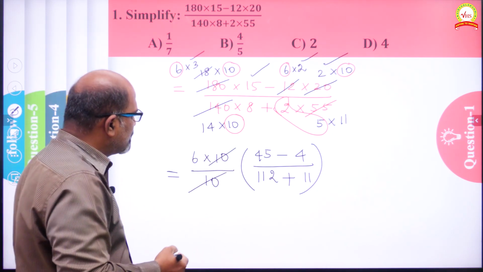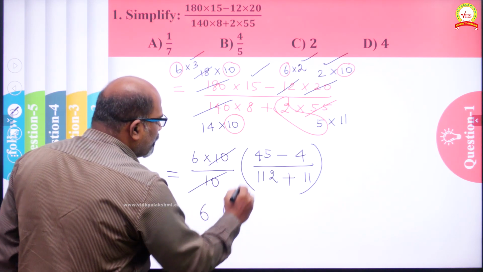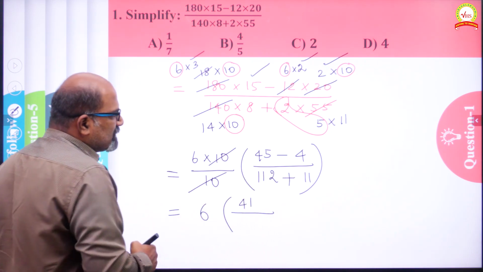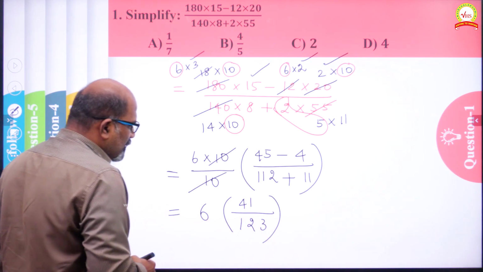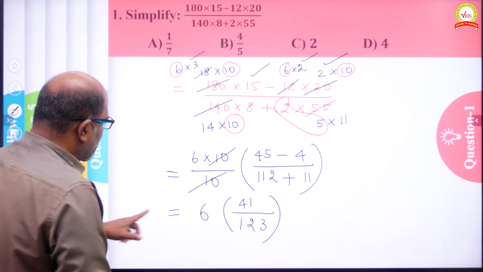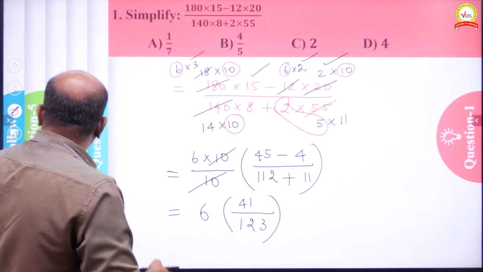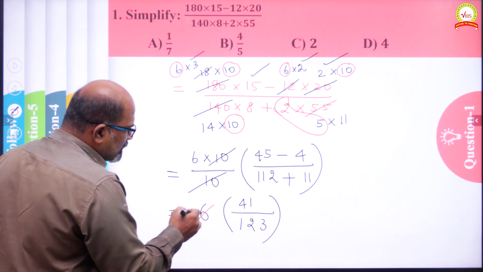Here we can make cancellation of these 2 tens, and the remaining is 6. 45 minus 4 is 41, and here 112 plus 11, 123. Okay. So here also we can make cancellation between this 6 and 123, because both have 3 as a common factor. So I want to cancel 3 from this.